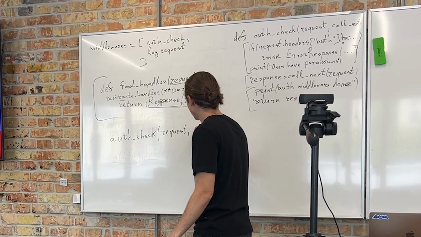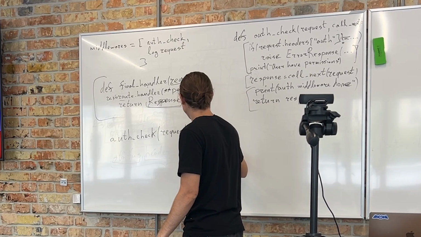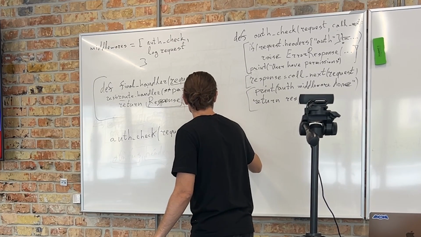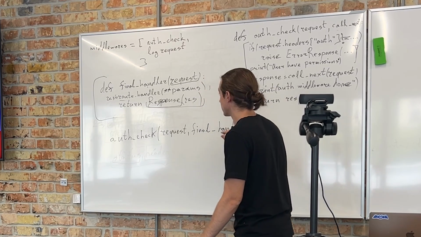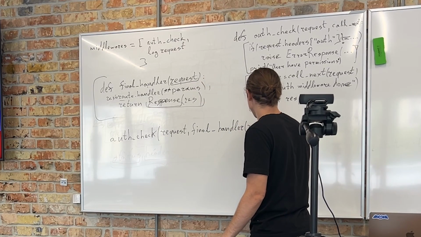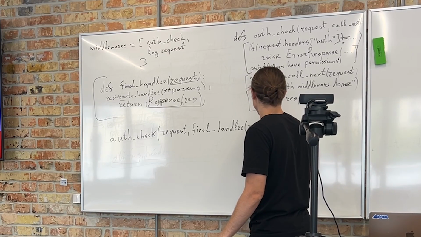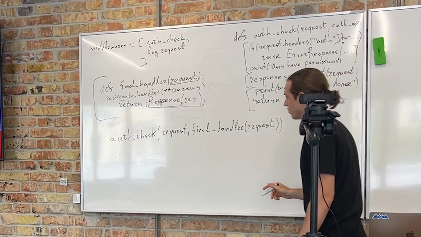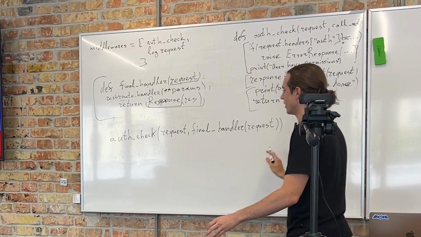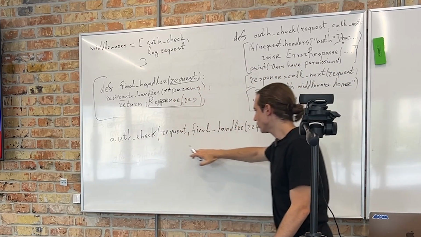So we move the final handler with request inside this. Then we need to call this function.